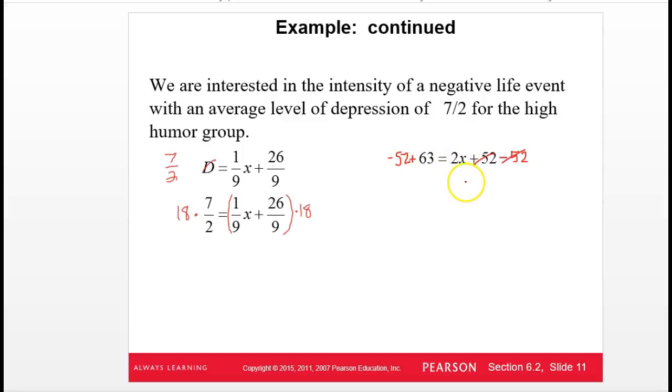Okay, so I'm going to have a 2x on one side, and then these will combine to just an 11 on the other. So 11 equals 2x, and then I don't want 2x's, I want 1x, so I'm going to divide away the 2 from both sides, and there will be my solution. X is equal to 11/2, or that's the same thing as 5.5.